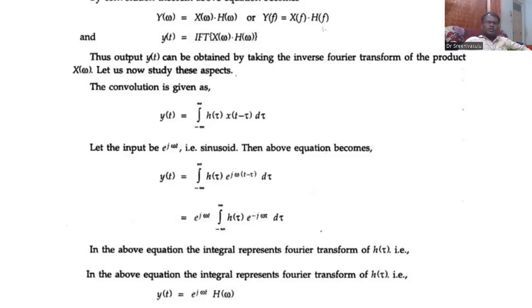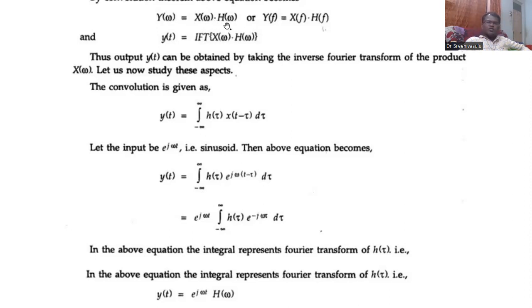Input is x of t, that Fourier transform is x of omega. Impulse response is h of t, that Fourier transform is h of omega. So convolution in time is multiplication in frequency.